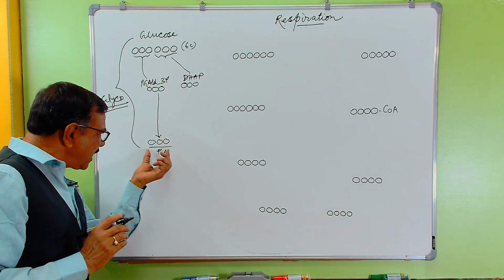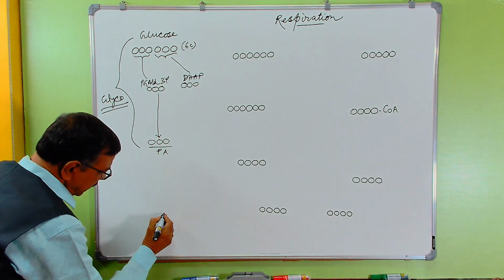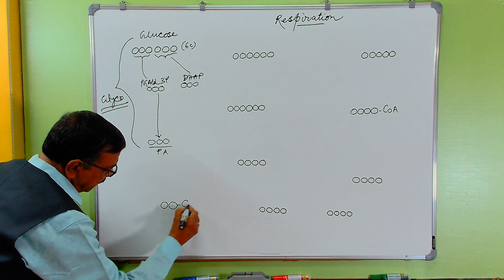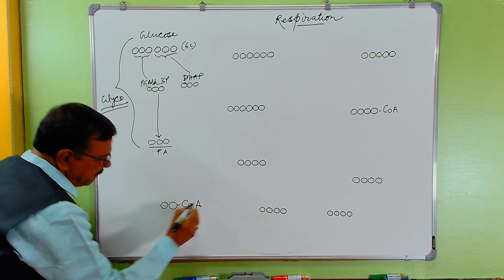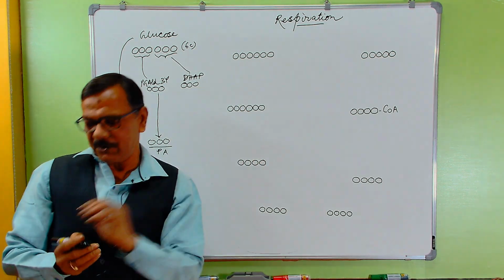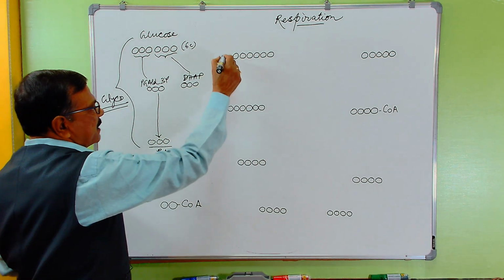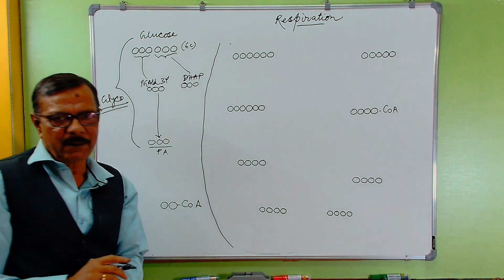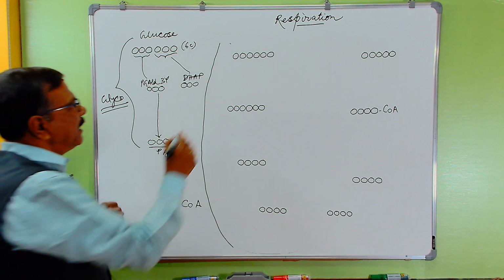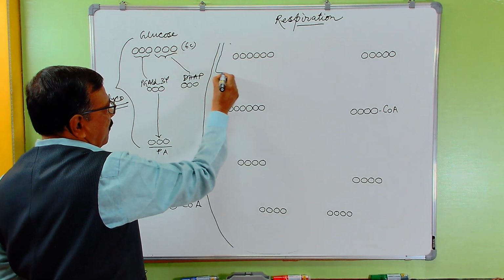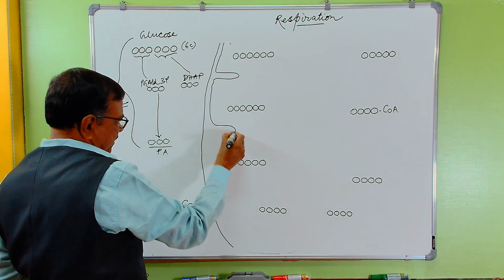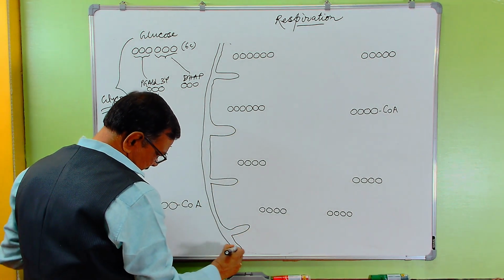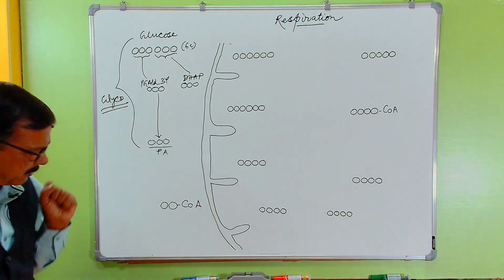So this 3 carbon compound has to be produced as a 2 carbon compound before it enters the mitochondria. Why? Because suppose this is the mitochondrial wall, the outer membrane of the mitochondria. Now the inner membrane is infolded to form cristae, as we have already come across in other cellular organelles.